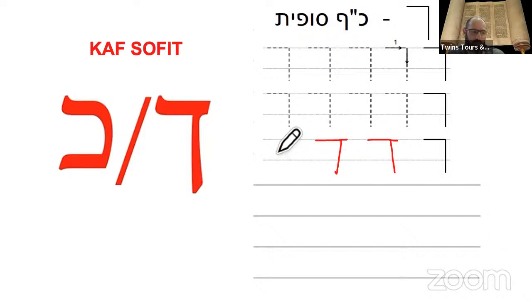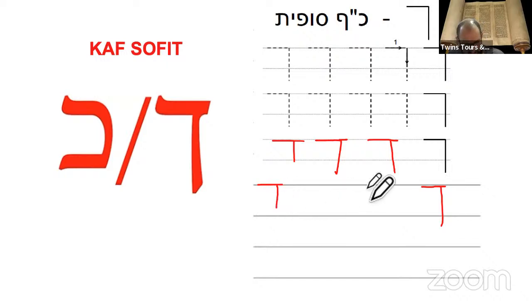Now, the difference between this and dalet: this is longer at the end of a word. So don't mix it with the dalet. The kaf sofit is always longer, which we call kaf sofit.